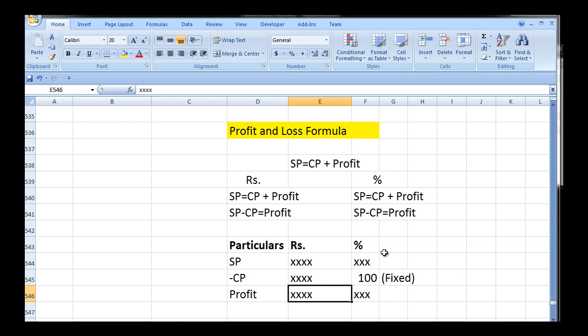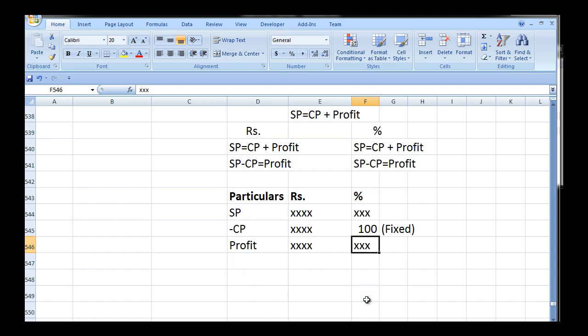In another column, namely percentage, we have to write SP percentage, selling price percentage, and cost price percentage always remains fixed at 100, and we can write the balance figure in the profit percentage column.